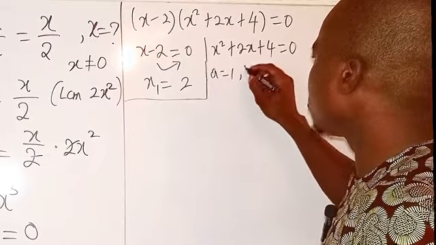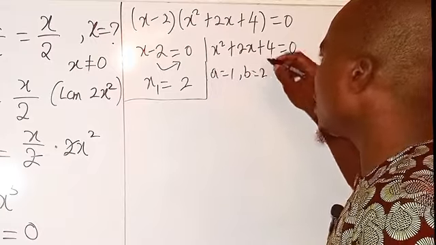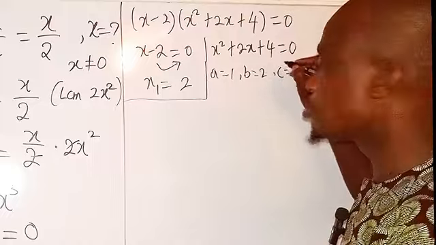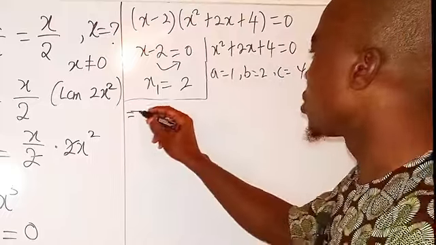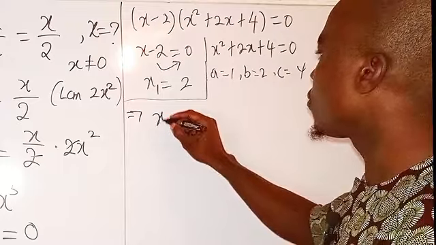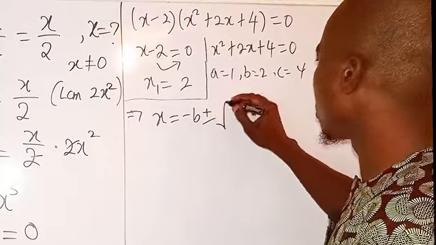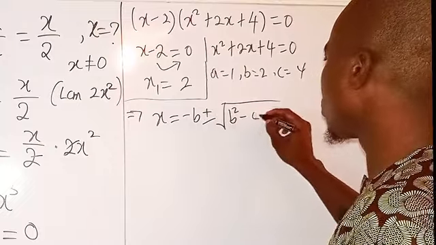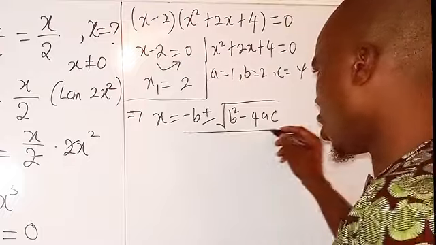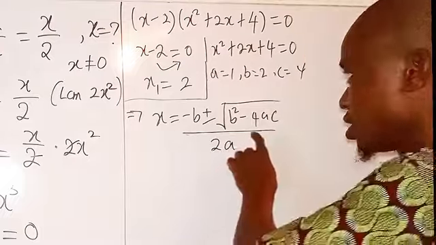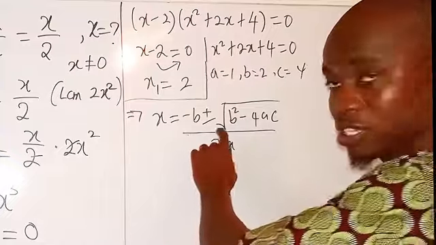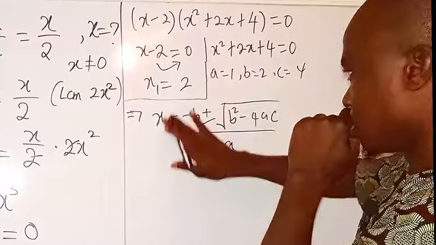So this is what we are going to do. a is going to be 1, b is going to be the coefficient of x, which is 2, and c is going to be the constant term, which is 4. So now from here we can see that we have x equals minus b plus or minus the square root of b squared minus 4ac, all over 2a. So this is what? This is the quadratic formula.